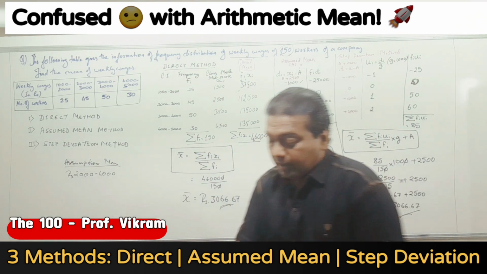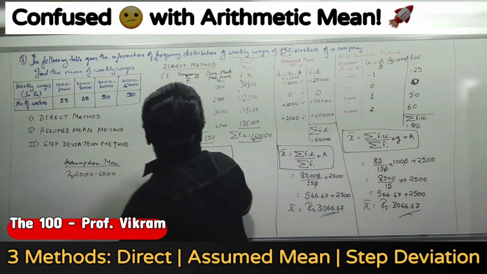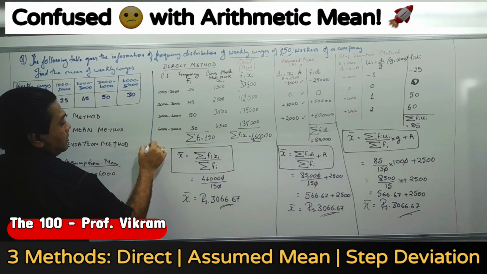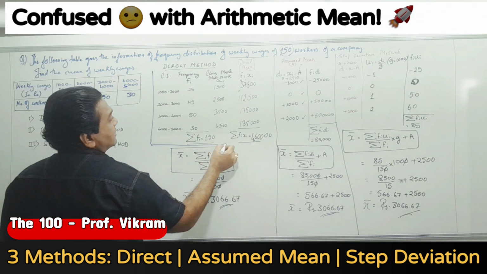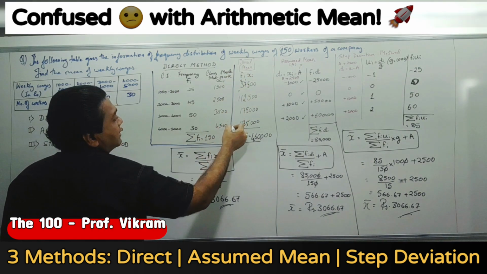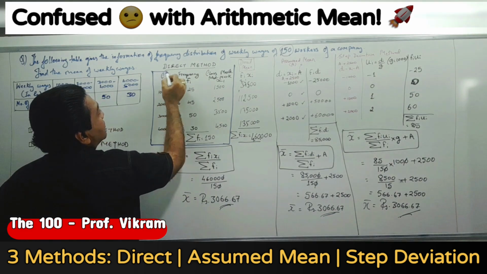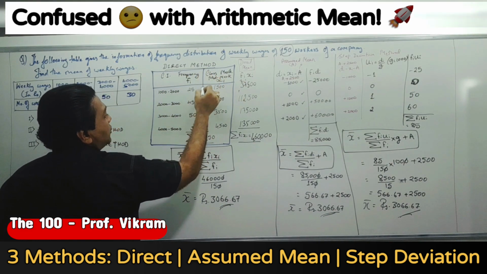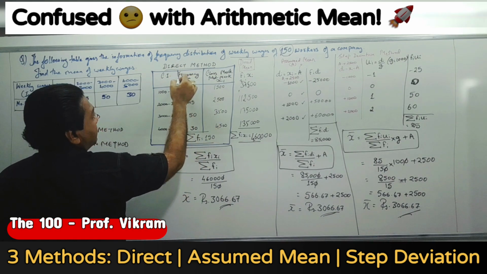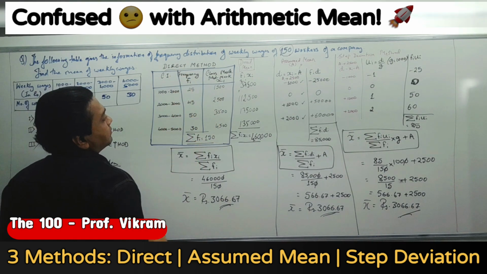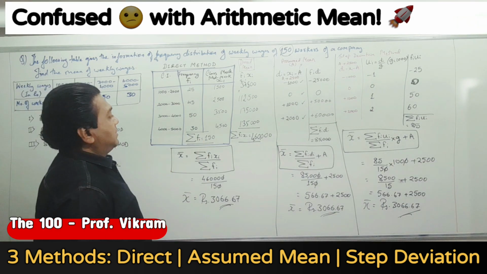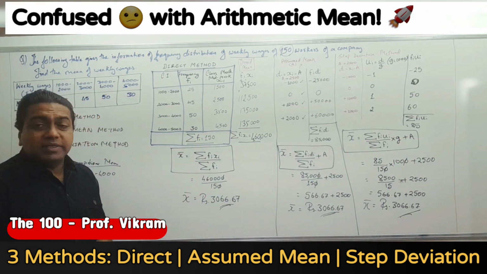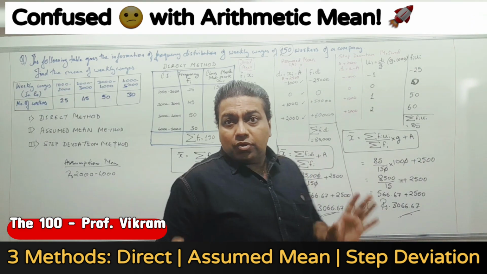See, understand, I will box this particular column which is common in all the three methods. These three columns are going to be there as it is in all the three methods.